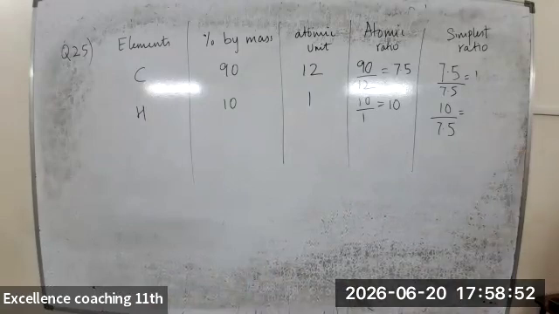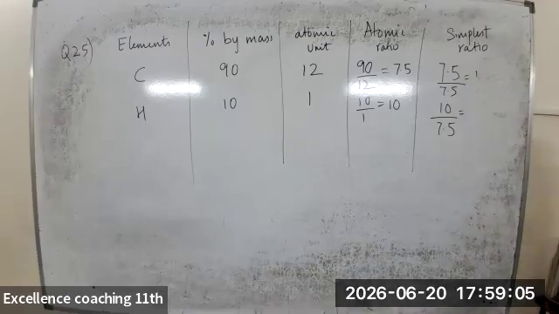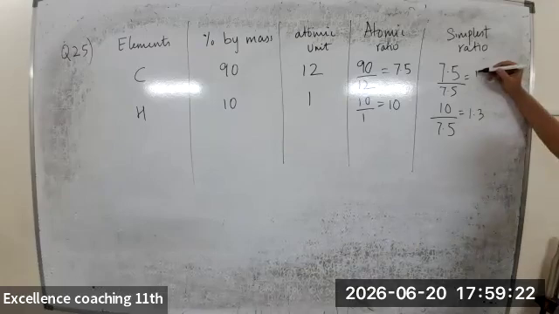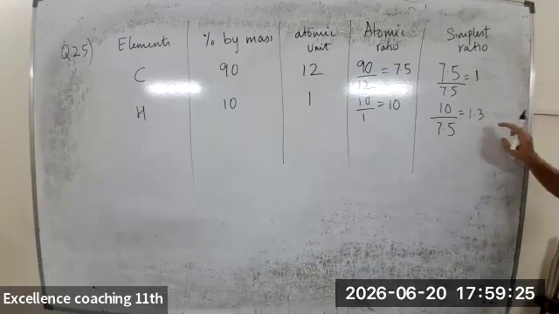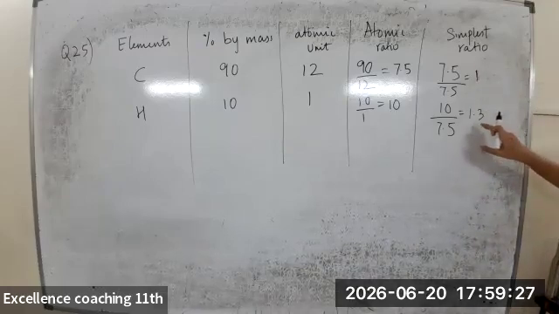I've got 1.3 here. Calculate and see. Okay. So now, since we have got 1.3 here, we can't take this.